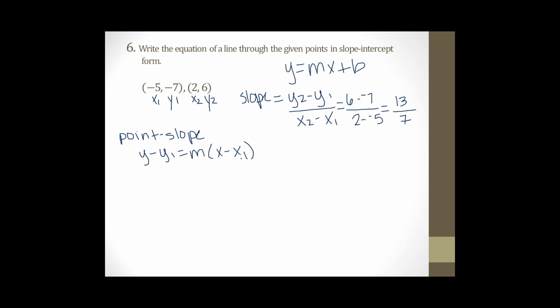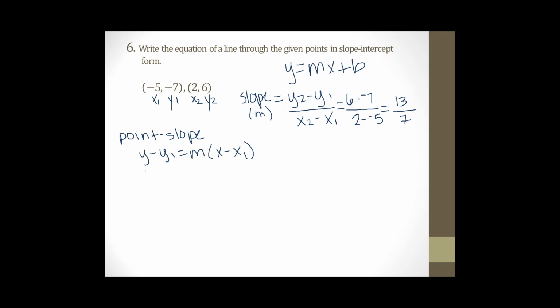So basically the x1 and the y1 we're getting from one of our points that were given to us. We could use either point. We could use negative 5, negative 7, or we could use 2, 6. It doesn't really matter. Since I already labeled my points, I'll go ahead and use the first one just to be consistent. So remember, m is your slope.